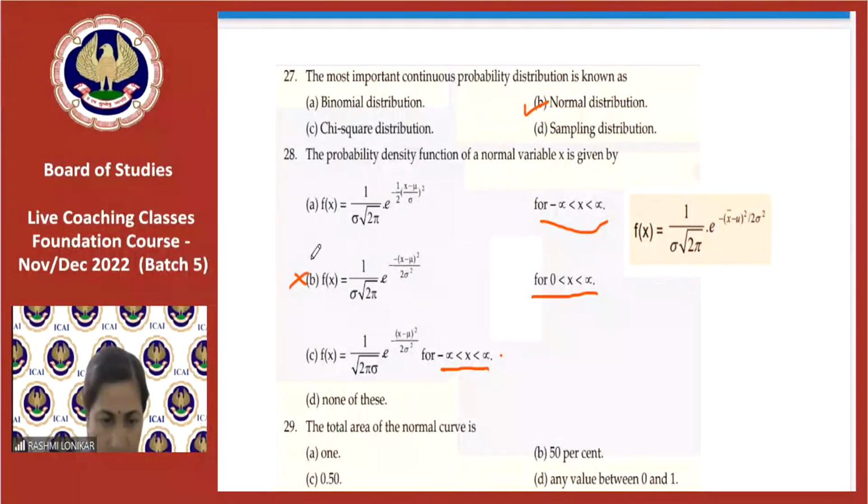A and C are possible. B is already out of the race. If A, B, C are not there, then only we'll consider D. Now we have to choose between A and C. Here it is 1 upon sigma into square root of 2 pi. Here what have they written? Square root of 2 pi sigma. So this is not the correct answer. So A will be the correct answer.